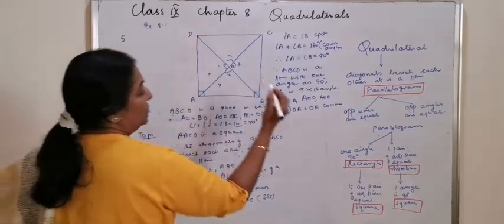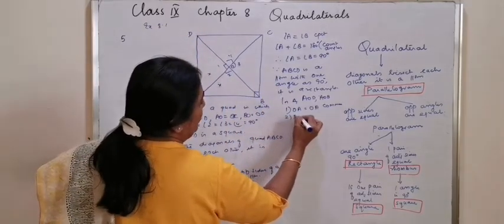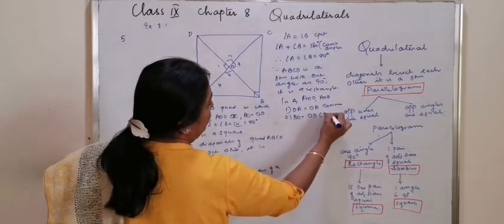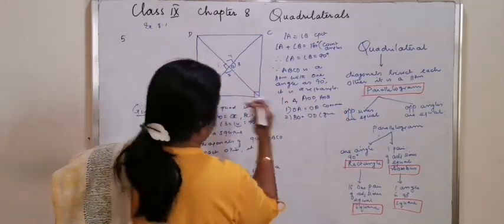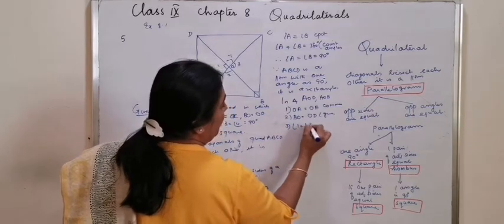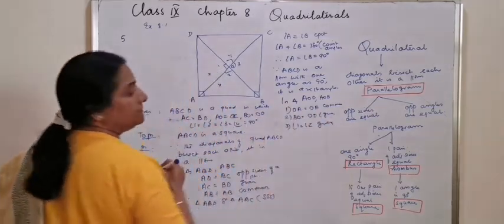BO is equal to OD, given, and angle 1 is equal to angle 2, also given.